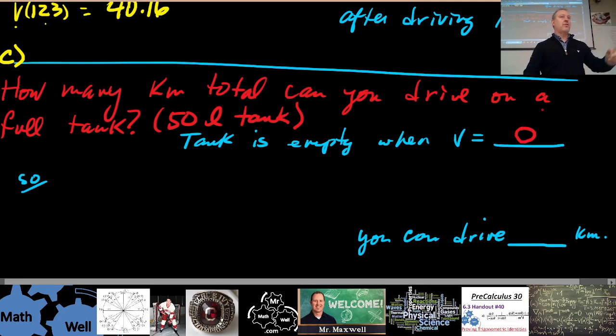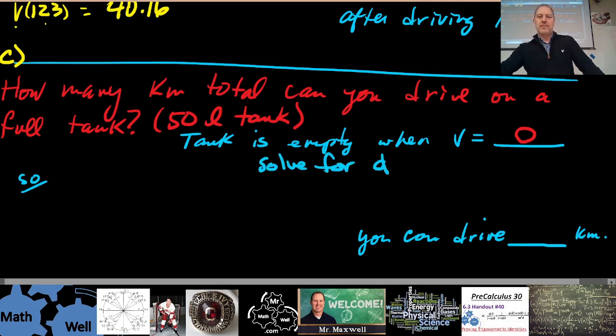The volume is 50 at a full tank. I want to check the kilometers at the end, so now we're solving for kilometers. So the tank is empty when V equals 0, and we have to solve for D.